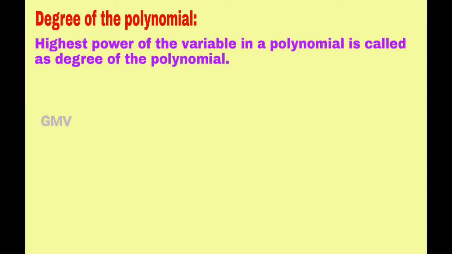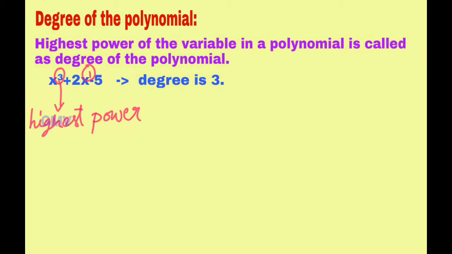The highest power of the variable in a polynomial is called the degree of the polynomial. Take the polynomial x cube plus 2x minus 5. Here the power of x cube is 3 and the power of x in 2x is 1. Hence the highest power is 3. So the degree of this polynomial is 3.